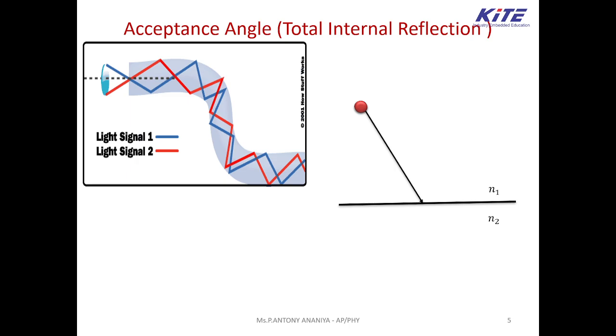The angle of incidence is equal to the angle of reflection. Another one is refraction. Refraction is the bending of light as it passes from one medium to another medium with a different optical density, right? Here theta 1 is the reflected ray angle, and theta 2 is the refracted ray angle.